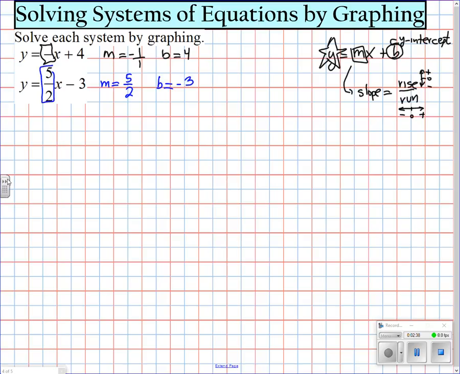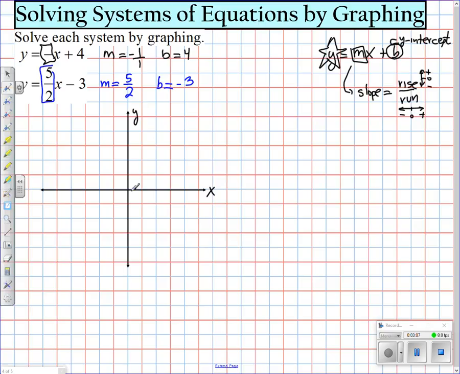So let me put in the x-axis, and let me put in the y-axis. My y-intercept is 4, so go 4 on the y-axis. Remember, this is my x-axis, and this is my y-axis.